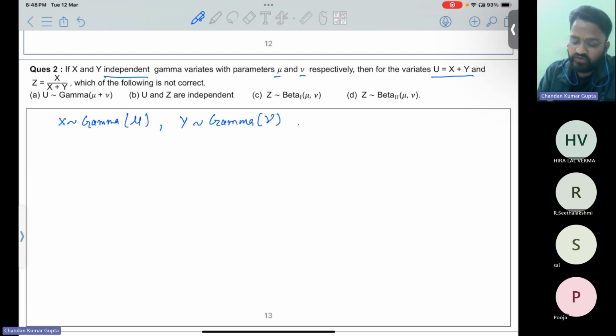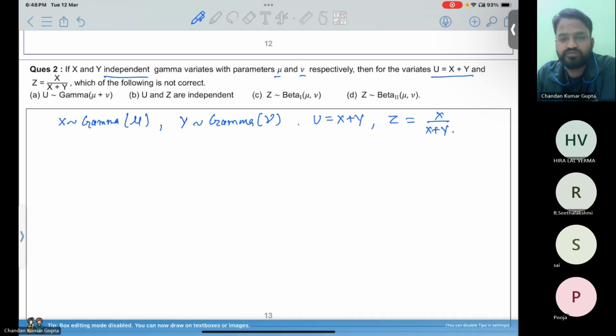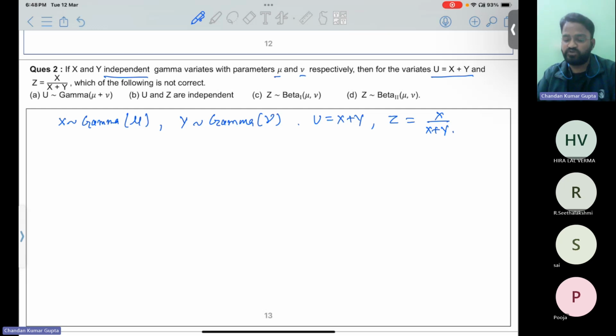And we have a transformation equation: u equal to x plus y and z equal to x upon x plus y. So we use the concept of transformation here to find the joint distribution and then its marginal distribution, and then check the following options.